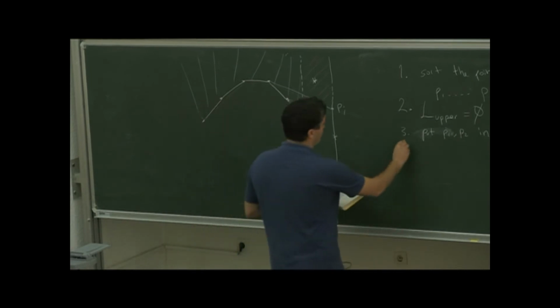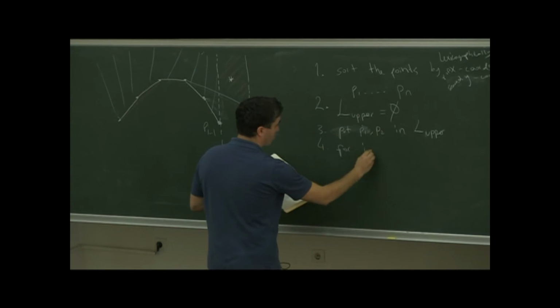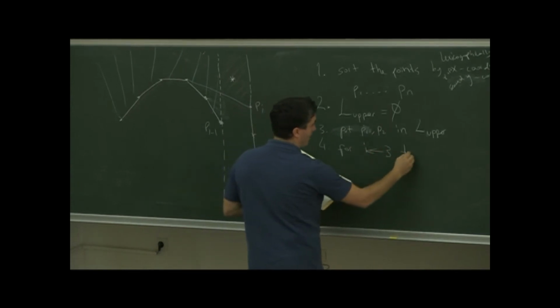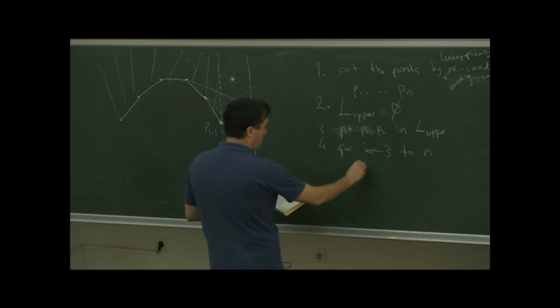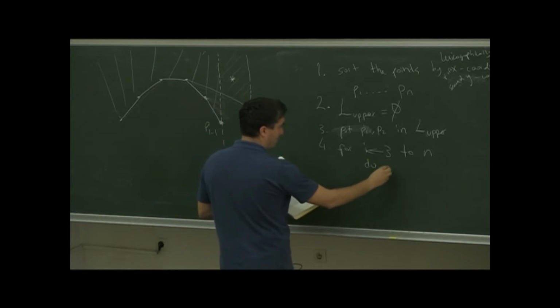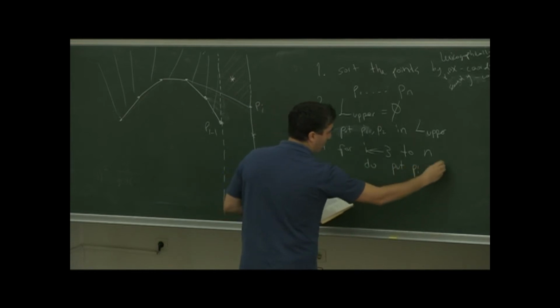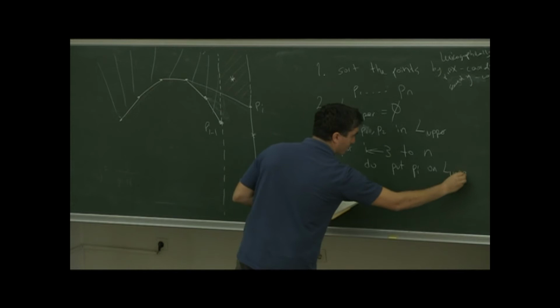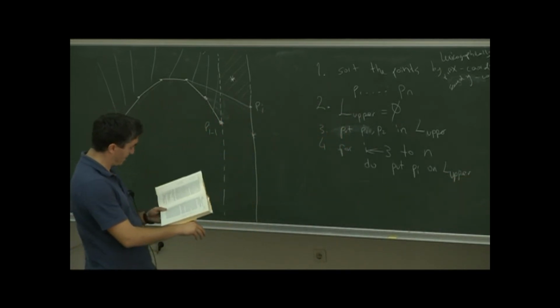Then we have a loop for i equal to 3 to n, starting from the third point. We put Pi on L upper, so we append the ith point directly.